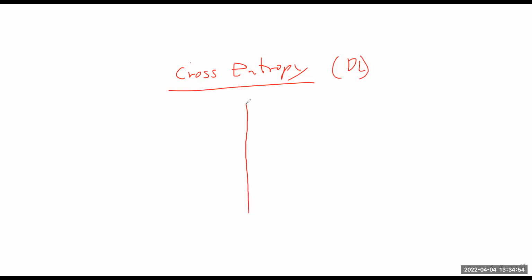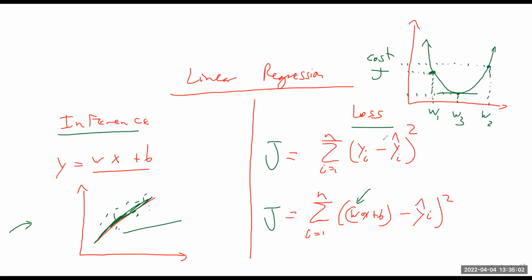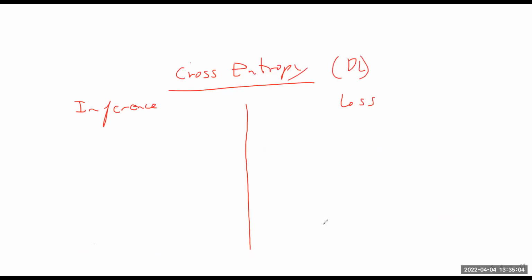So we still have the inference and the loss, just like we did before. The inference is still y equals wx plus b, but remember, it runs through a function.